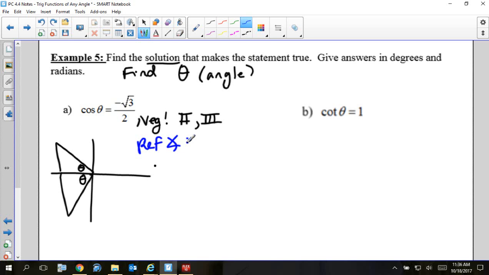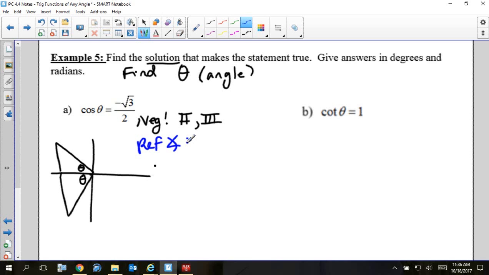I'm just thinking about it normally, because I have it memorized already: what angle is the cosine radical 3 over 2? What angle is the sine a half? 30 degrees. So the sine at 30 is a half, then the cosine at what is radical 3 over 2? 30. Did you get me on that?